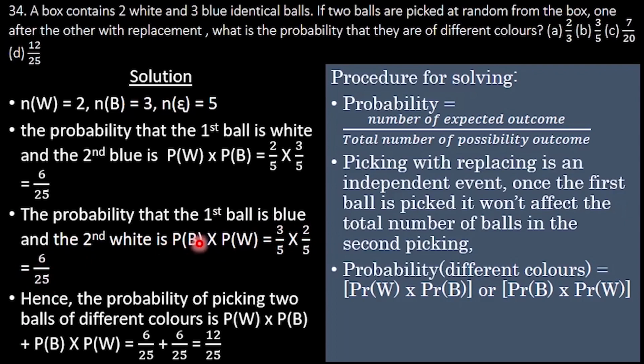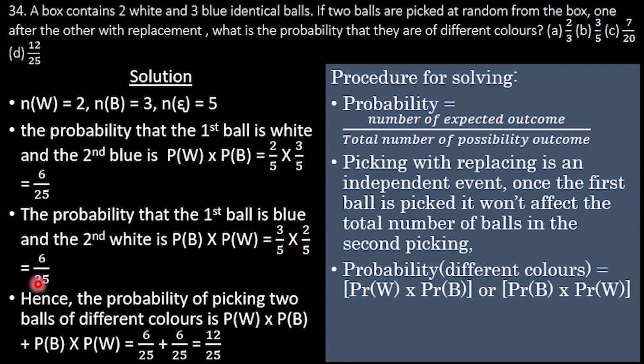We have the number of expected outcomes as 3 and the number of possible outcomes as 5. For the probability of white, the number of expected outcomes is 2 and the number of possible outcomes is 5. Now when you multiply the two together, we have 6. When you multiply the denominators together, we have 25.